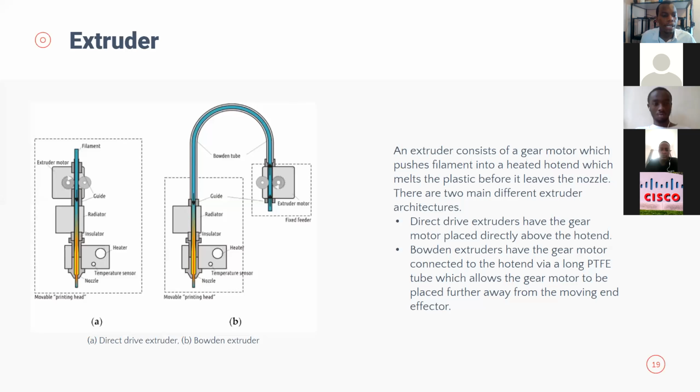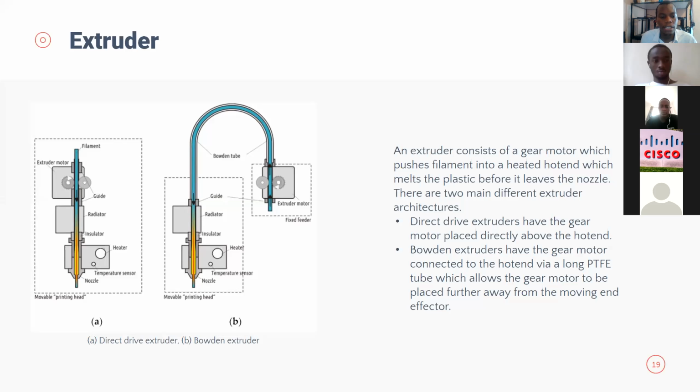There is the one on my left, and then the one on my right, or the one labeled A. The extruder motor and the head where the heating happens are in one setup, they are together. But the other one is called Bowden extruder.